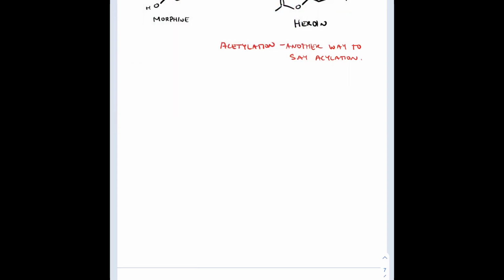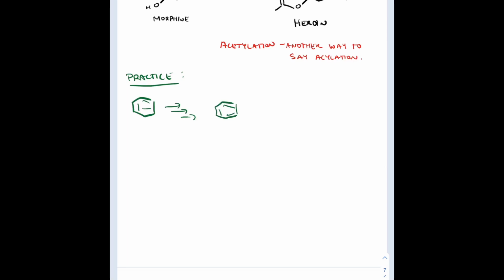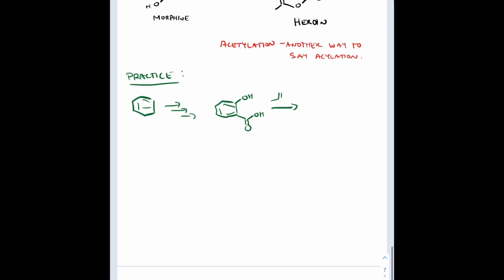So let's say we started with benzene. I'm not going to ask you guys to try and figure this out yet, but a couple steps will get us to this structure here where we have an alcohol as well as a carboxylic acid. Now, the question would be, which of the OHs is the most nucleophilic site?